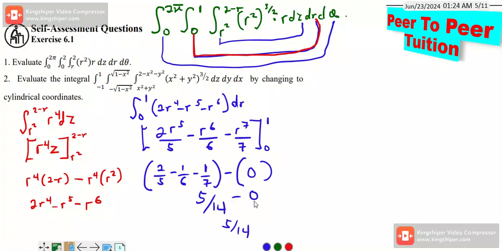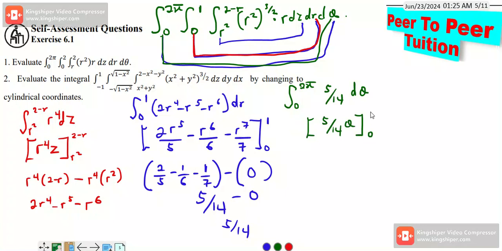The next thing we need to do is to integrate with respect to theta. So I am integrating from 0 to 2 pi of 5 on 14 with respect to theta, and that is going to give me 5 on 14 theta.